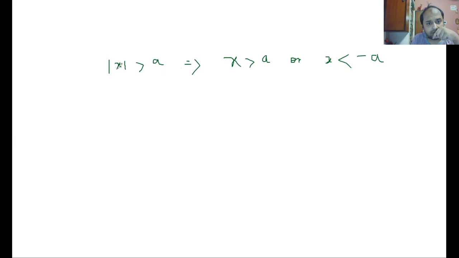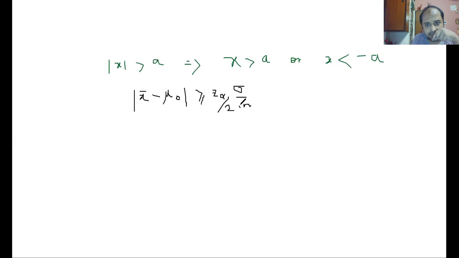Now in place of mod x here, we have this quantity x bar minus mu naught greater than or equal to z alpha by 2 sigma by root n, as it is given in the book.